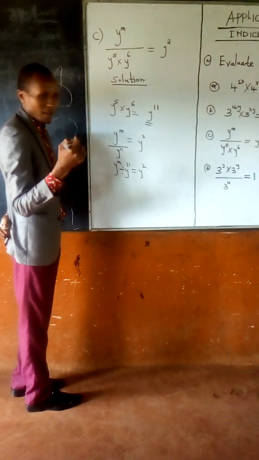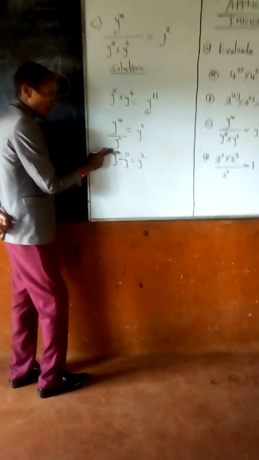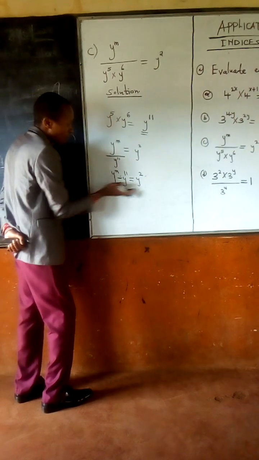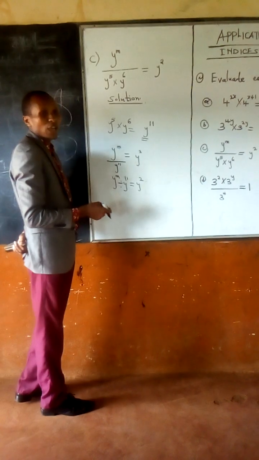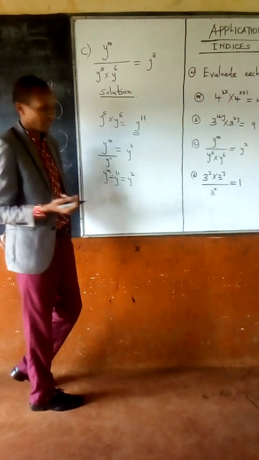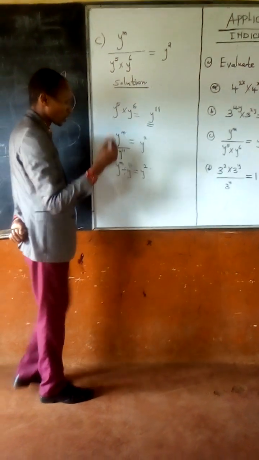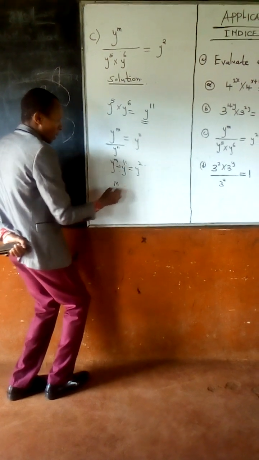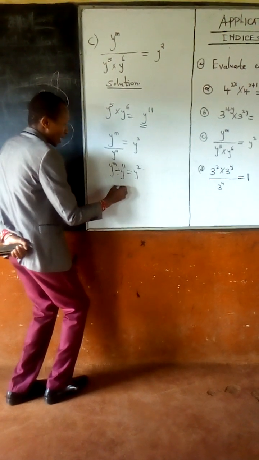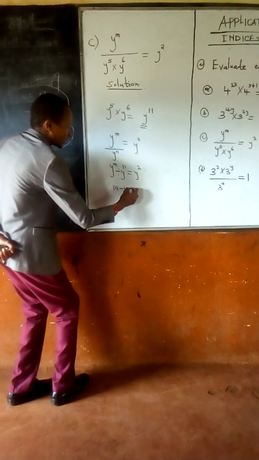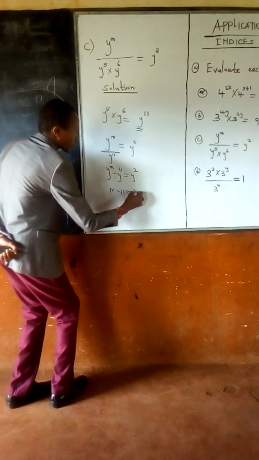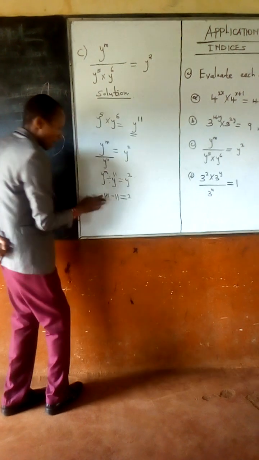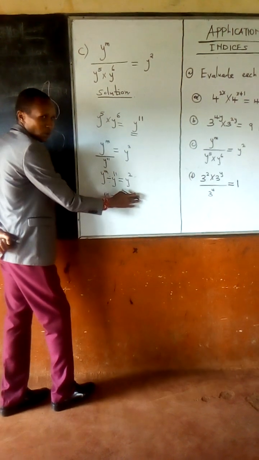Now that we have all the bases the same, you equate the powers. So it is the same as m minus 11 is equals to 2.